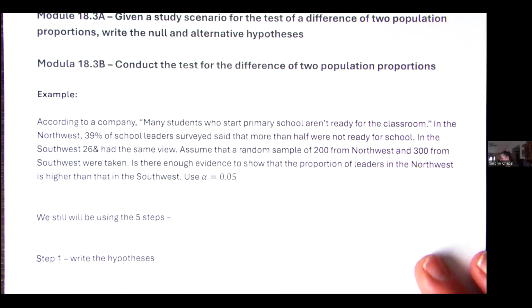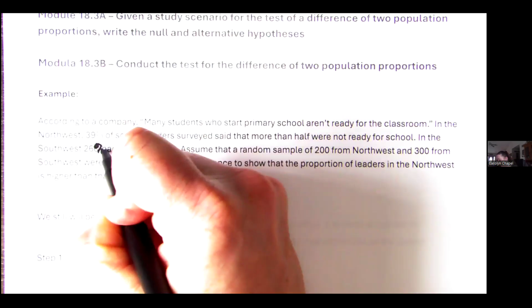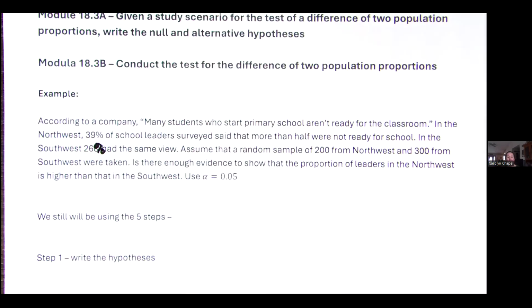So here we have an example that says that many students who start primary school aren't ready for the classroom. In the Northwest, 39% of school leaders surveyed said that more than half were not ready for school. In the Southwest, 26%, and that should have been a percent symbol, had the same view.